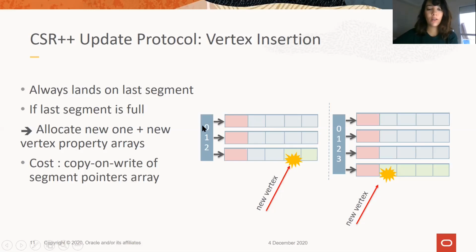This indirection layer is nothing but an array of pointers to those segments. If we want to allocate a new segment, we only have to expand this array by doing a copy on write. And this is usually very fast. So the only cost here is the copy on write of the segment pointer array, what we call the indirection layer.